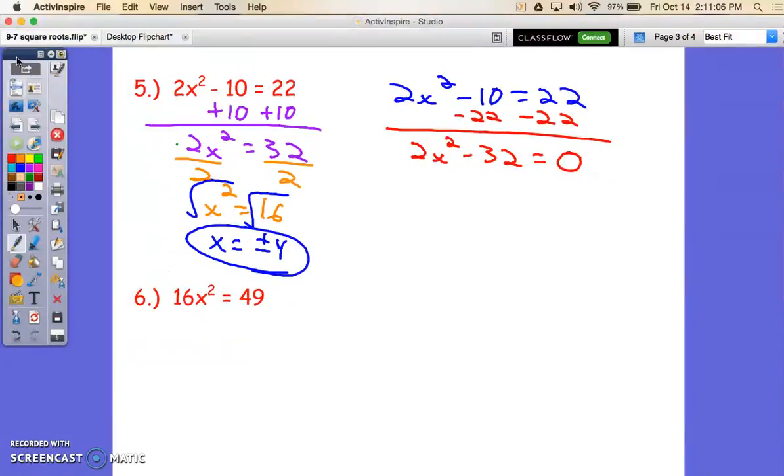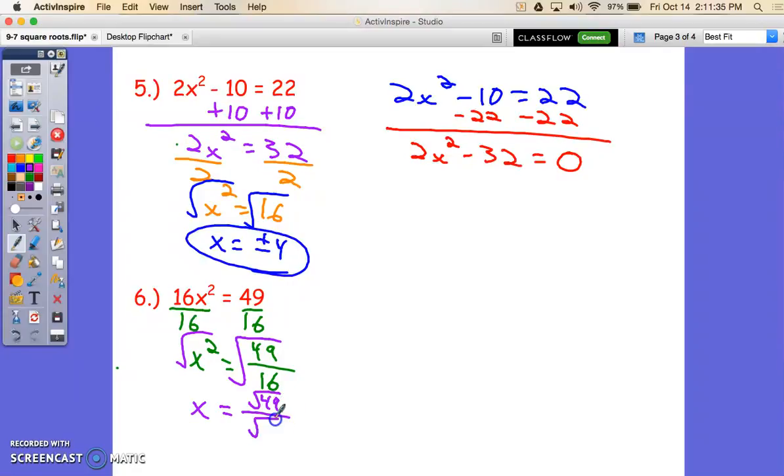Let's take a look at one last problem, number 6. Now, this looks a little bit tricky, but watch what happens. We're left with x squared equals 49/16. Now, you're probably thinking to yourself, well, 49/16, ugly fraction, can't do it. Au contraire, mon frère. This is actually able to be done, because if you square root both sides, we are allowed to break up the numerator from the denominator and look at it this way.